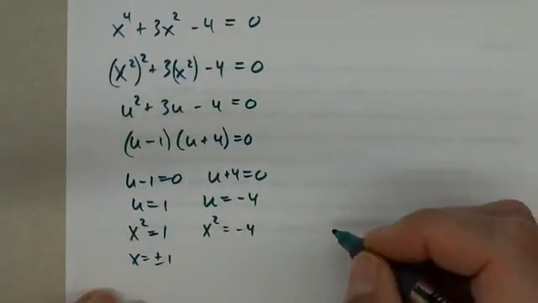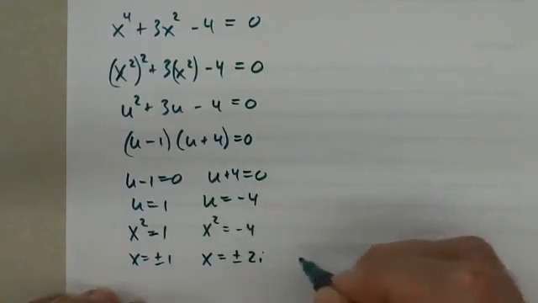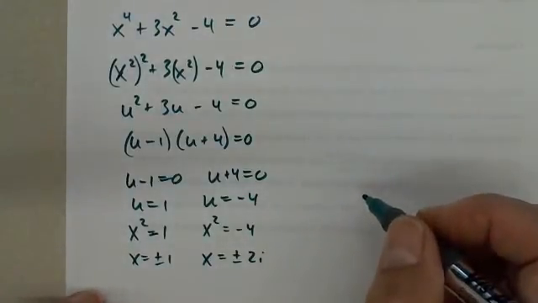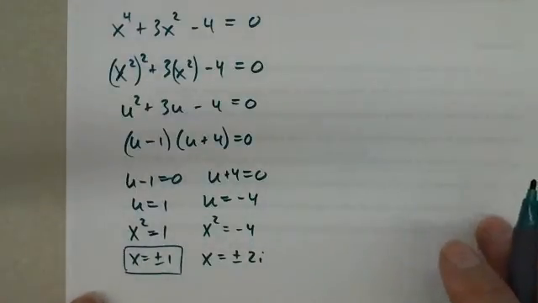Positive or negative 1. And here we get positive or negative 2i. If we check this, they both work, and we're not going to use the imaginary. So those will be the solutions.